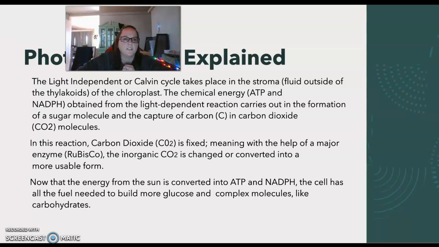In this reaction, carbon dioxide is fixed, meaning with the help of a major enzyme, the inorganic carbon is changed or converted into a more usable form. Now that the energy from the sun is converted into ATP and NADPH, the cell has all the fuel needed to build more glucose and complex molecules like carbohydrates.